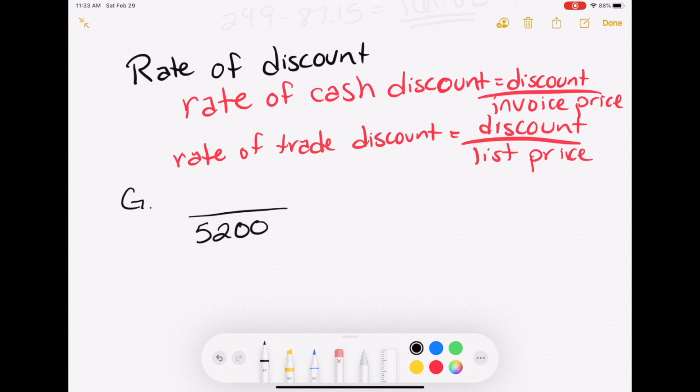And then they gave us the amount that was paid, so we have to calculate what the discount would be, and it's just the difference between those two. So $130 discount. And that gives us a rate of 2.5%, and that is very logical, so that is our answer, 2.5% discount.